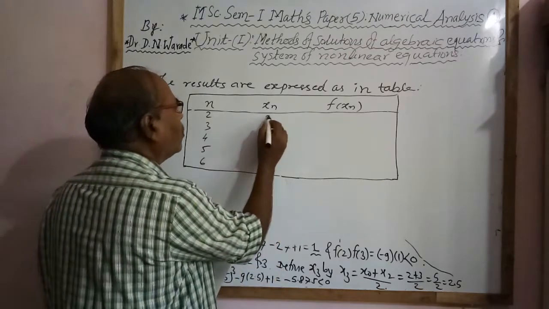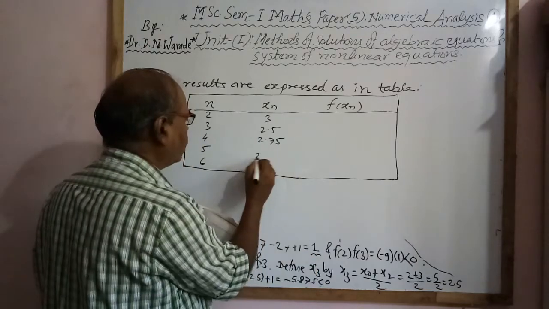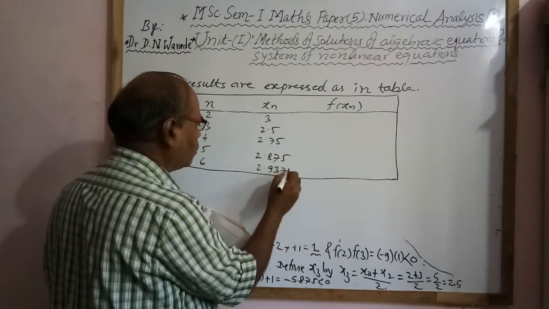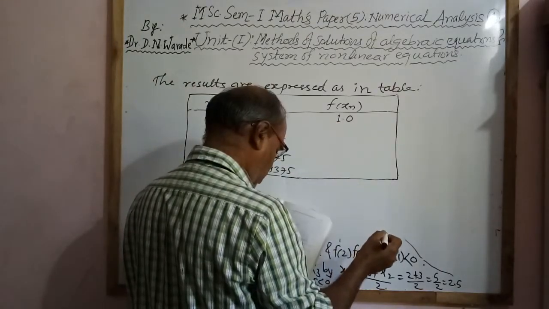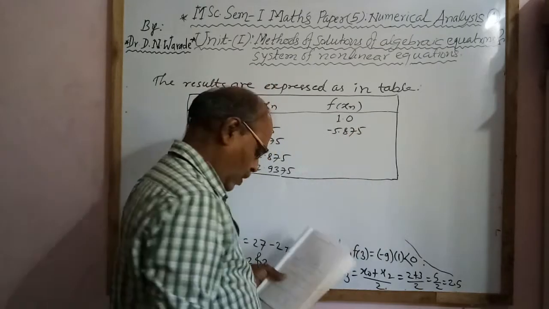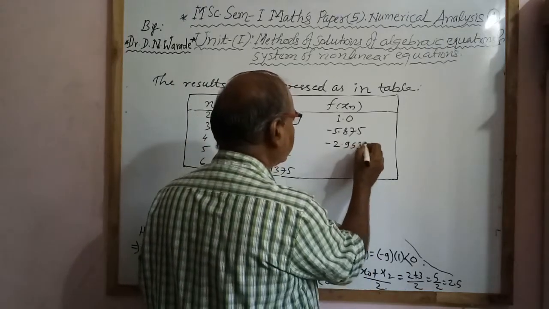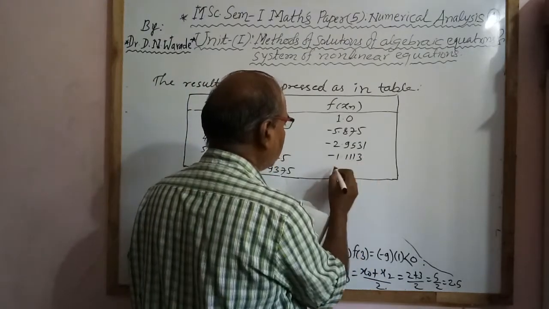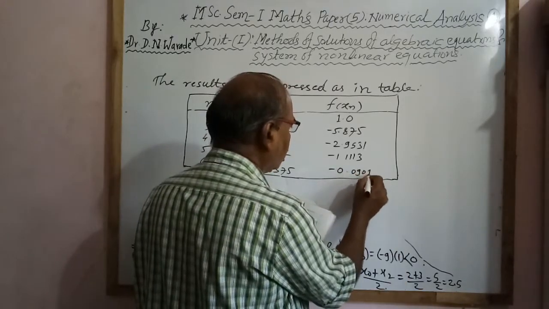So xn equal to 3, 2.5, 2.75, 2.875, next value 2.9375, and f of xn: first we have seen it is 1.0, then minus 5.875, third minus 2.531, next minus 1.1113, next minus 0.0901.